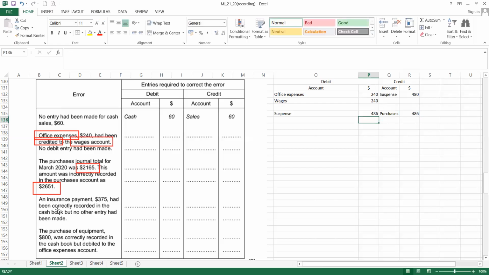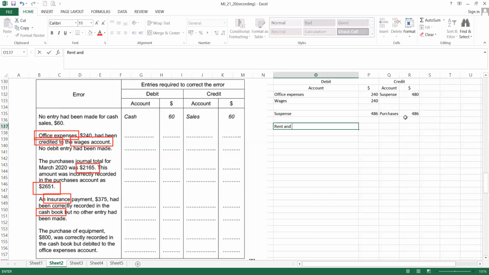Okay, the others, number 3. An insurance payment 375 has been correctly recorded in the cash book, but no other entry has been made. That means the insurance account omitted. Cash book correct. So you don't go and touch the cash book because the cash book is correct. That means the credit side is correct. Debit side is omitted. So insurance is expenses, in the debit side.